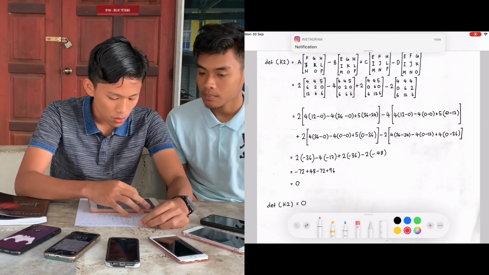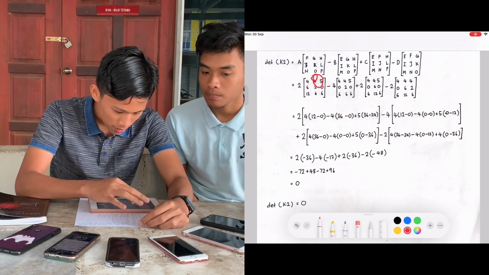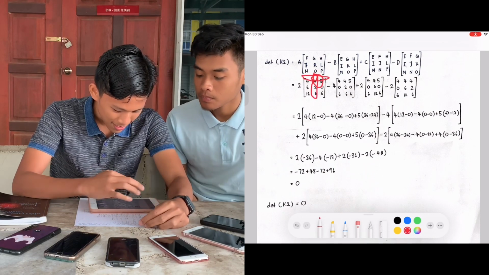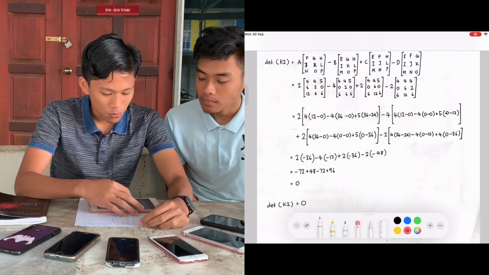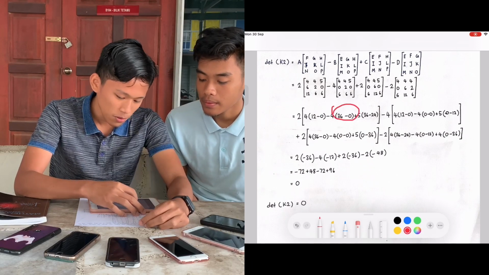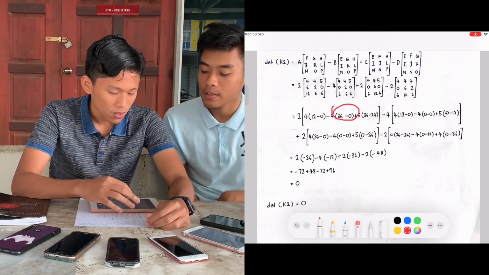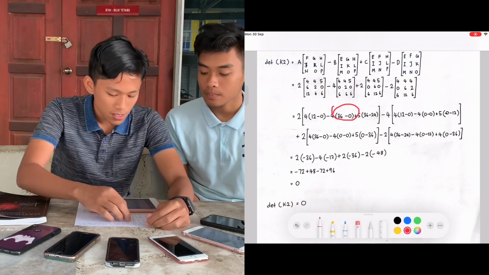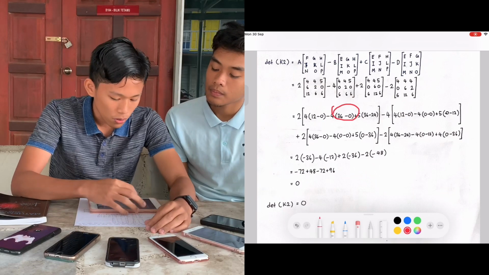We do the same thing where we take this 4 and cancel the row and column and take whatever is left, and we got this when we multiply 6 multiplied by 6 and 0 multiplied by 12 as our second question. And we got 36 minus 0 in a bracket, and we will multiply by 4.